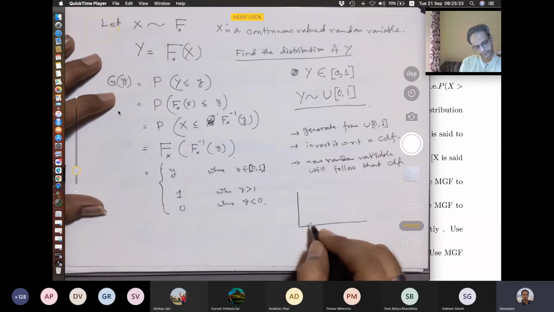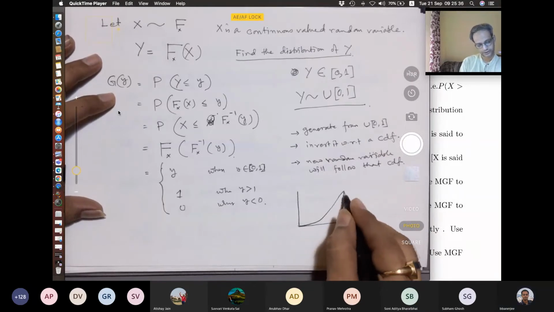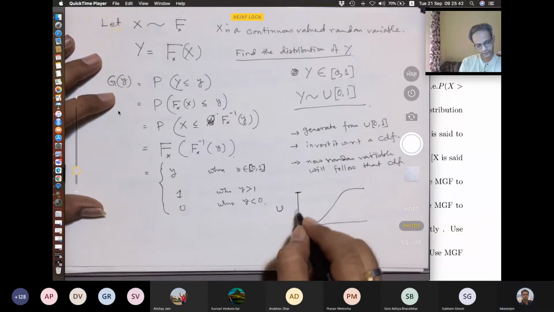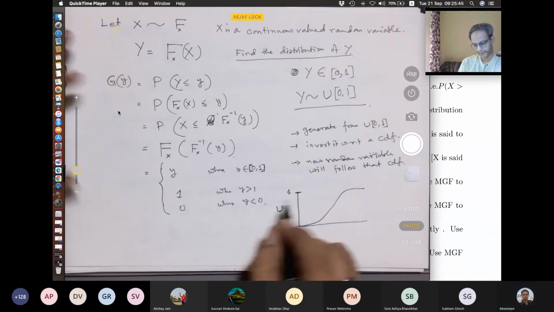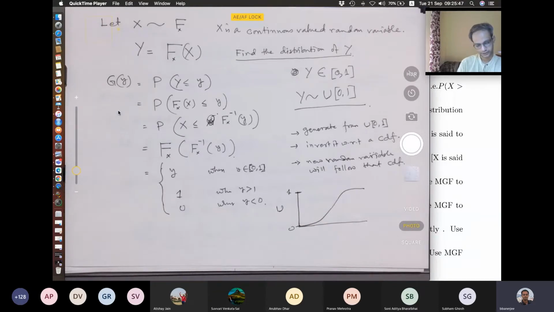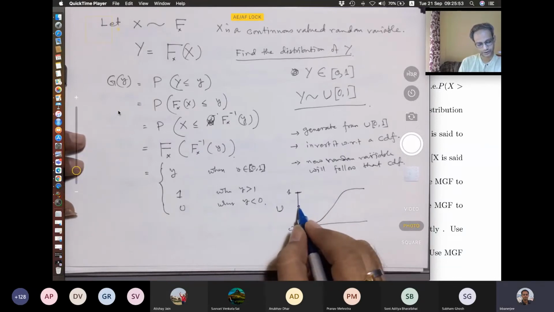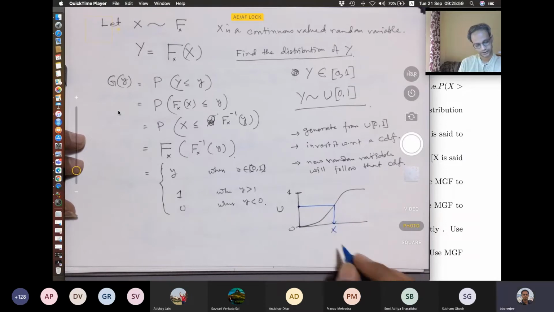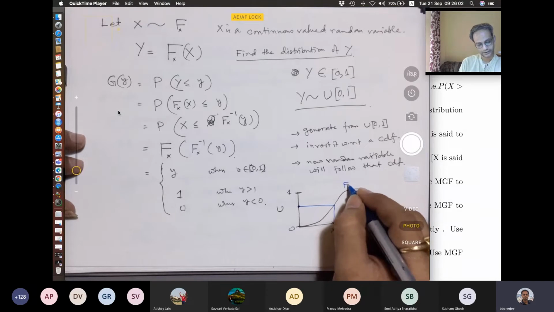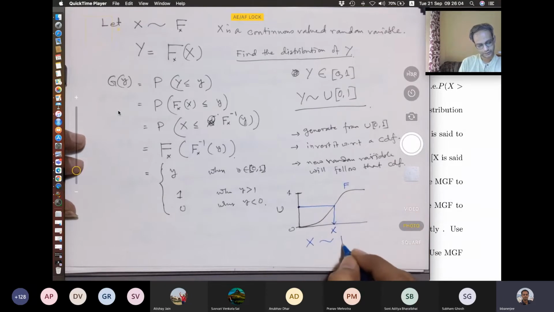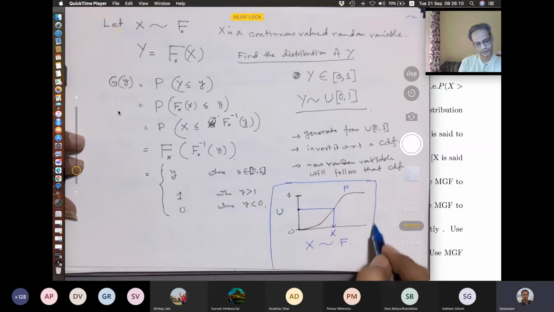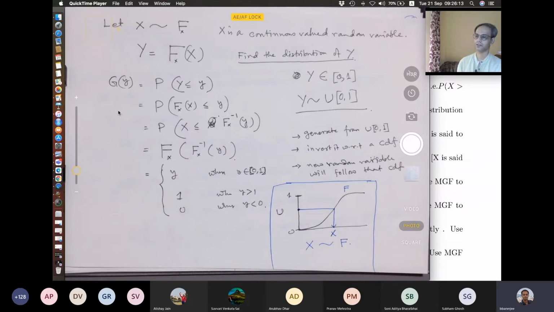If you have a CDF, any arbitrary CDF you choose, then you generate from uniform 0 to 1. Suppose this value you have got, you take its inverse x, and if this is f, then x will follow it. This is the whole idea, and this is the idea of data generation from computer.